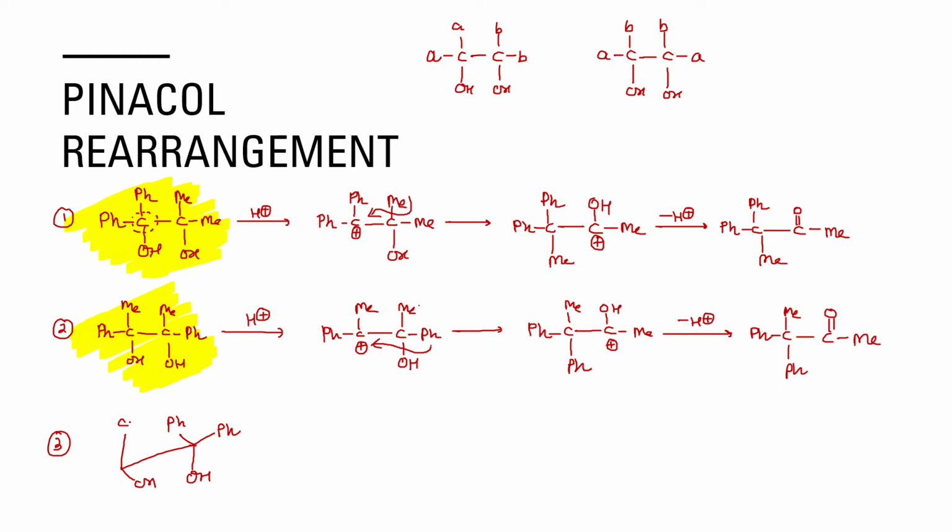This carbon is connected to methyl. It's connected to another Ph, H, and there is a methyl. Please do remember that the first carbocation will be formed over here. This will be lost. So I'm just directly drawing the carbocation.